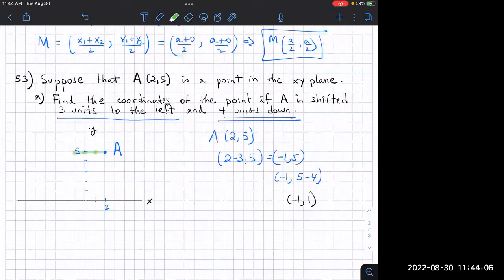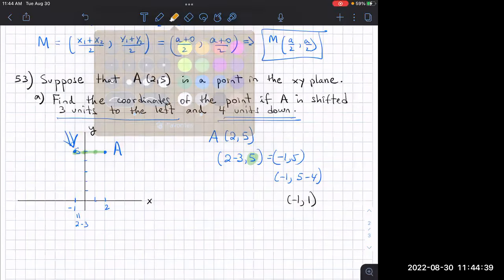Notice that the y component hasn't changed. And the x component has gone from 2 and you backtracked 3 units. So 2 minus 3, and that's what you end up with, negative 1. So this was 2 minus 3. That's the point here. And then we move 4 units down.